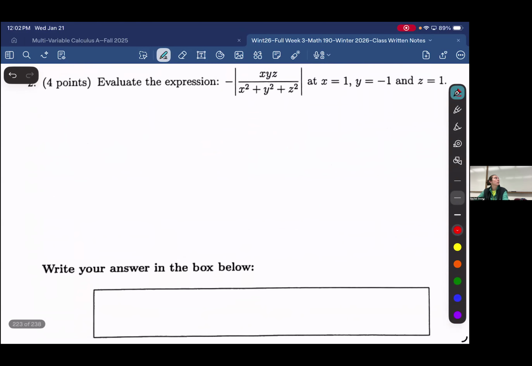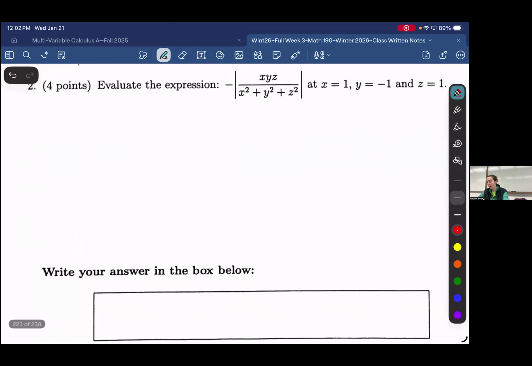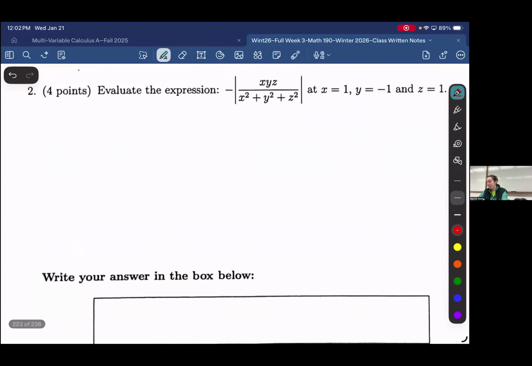Question 2, we are asked to evaluate this expression, and they give us our x, y, and z values. So I think what I'll do is I'll color code them here, and then that way we can just jump straight into substituting. Okay.